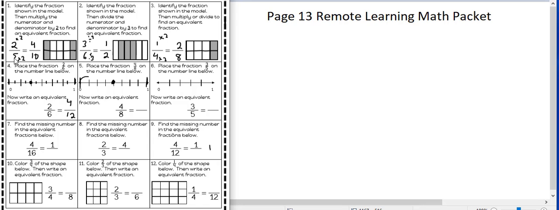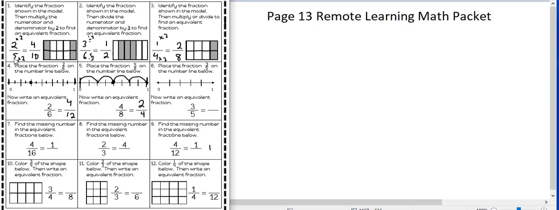This time I'm just going to go boom, boom, because there's an even number of pieces. I can just do this. Here it was multiplying by 2. Here I'm showing you dividing by 2. So now I broke it into 1, 2, 3, 4 pieces. And we go over 1 piece, 2 pieces to get to that fraction.